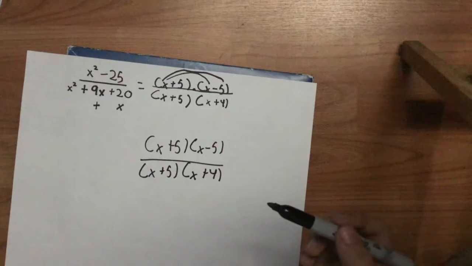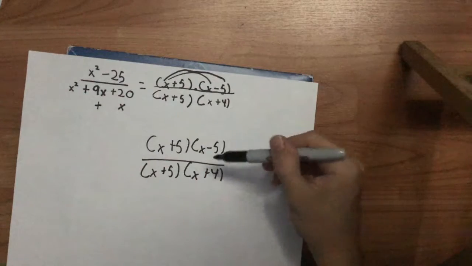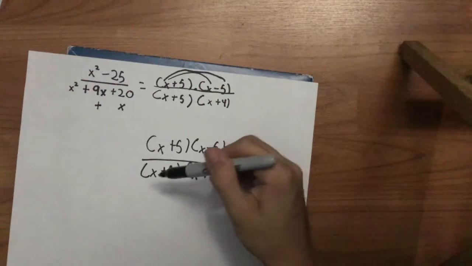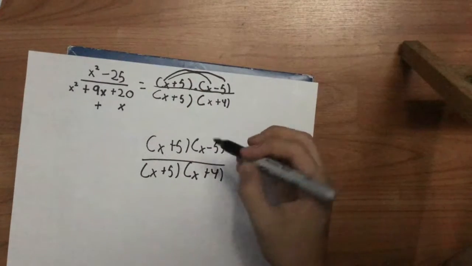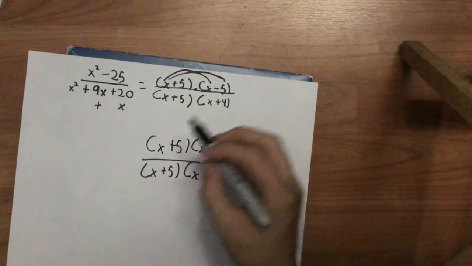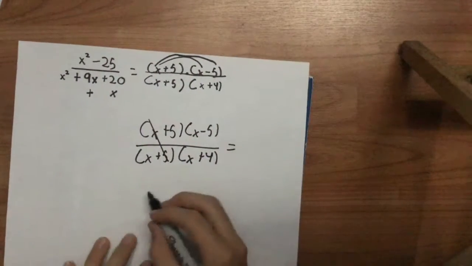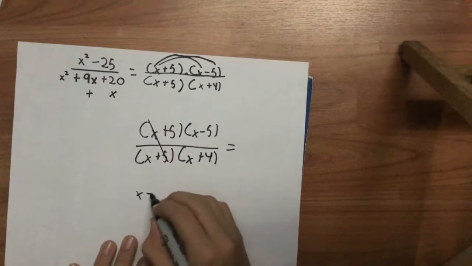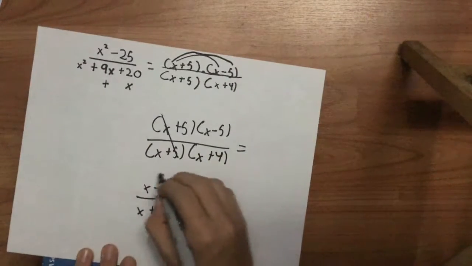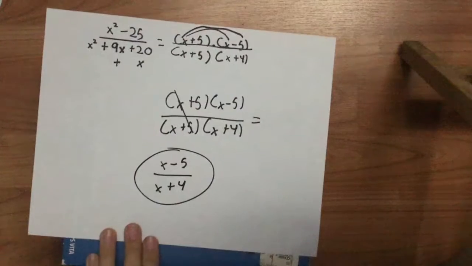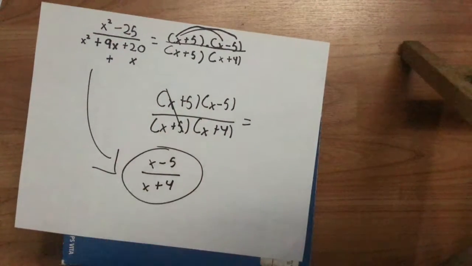So we just need to cancel out the common factor, which is x plus 5. You cancel x plus 5 with x plus 5, and then it will give you x minus 5 over x plus 4. And that is the answer for the simplification of this.